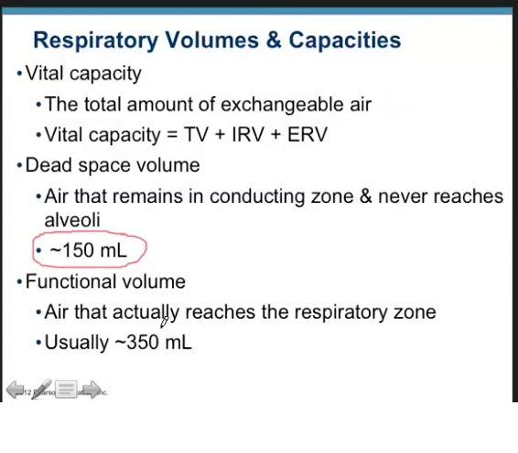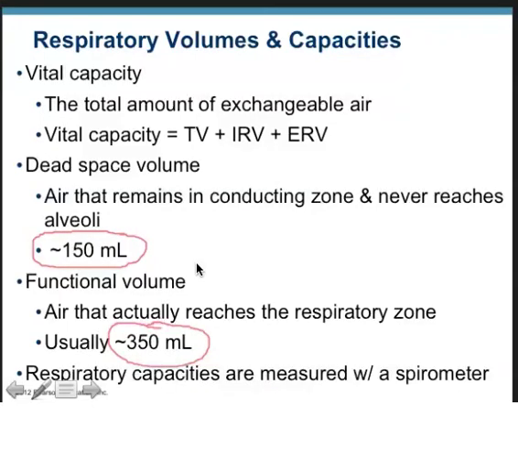While this volume down here, the 350 milliliters, is the part that's actually in contact with alveolar membranes and is capable of gas exchange. So you can see that every time you perform a normal tidal volume, approximately a fourth of what you breathe in is unavailable for gas exchange.